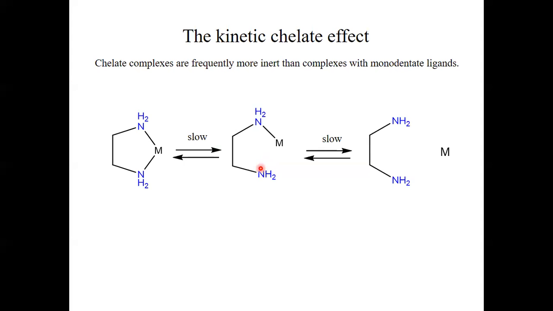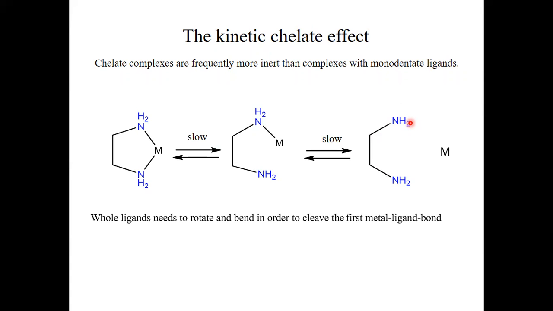And that actually increases the statistical probability that it reattaches and the reverse reaction occurs. So in sum, the rate of bond cleavage is smaller. So now the possibility to reattach to the metal also makes it less likely that both metal-ligand bonds can cleave. So therefore, the follow-up reaction in which a free ethylenediamine molecule is formed is also slower. Okay.